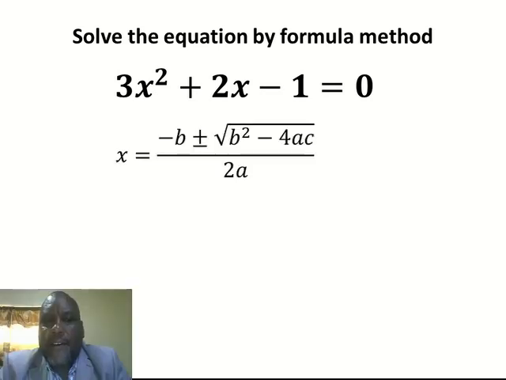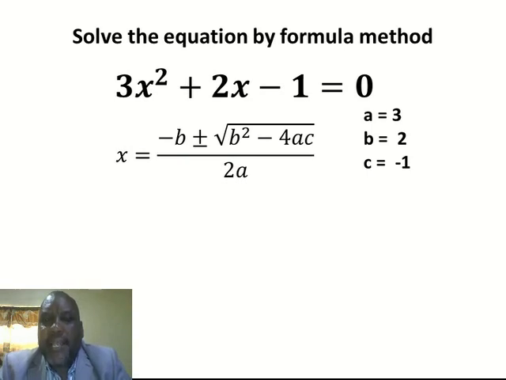Using the formula method, x equals minus b plus or minus the root of b squared minus 4ac, over 2a, where a equals 3, b equals 2, and c equals negative 1.